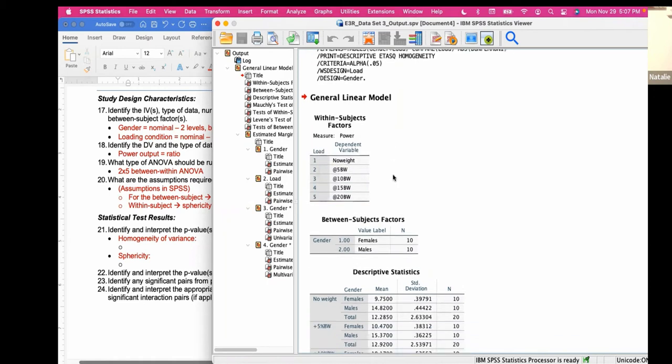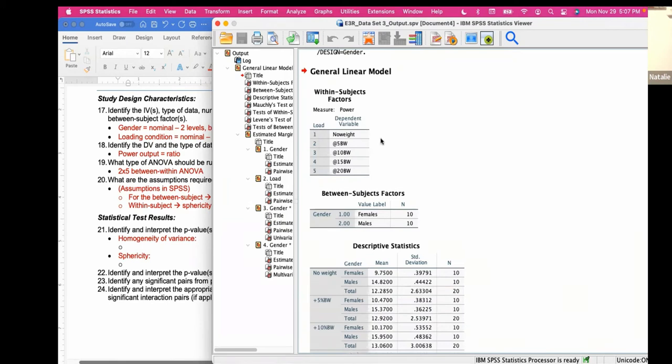So I've already transferred what no load, 5%, 10%, 15, 20% in the tables below, like pairwise comparison specifically. But remember to go back and look at how you organize your data when you run the test yourself. Because for the within subject factors, it'll always put the number level that it's associated with when you set up the test. For gender, 1 is females, 2 is males, just as a good reference.